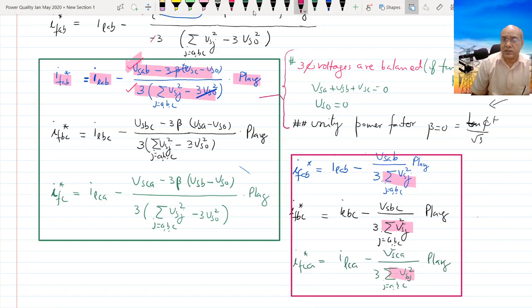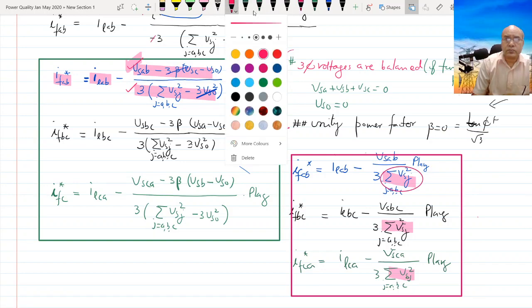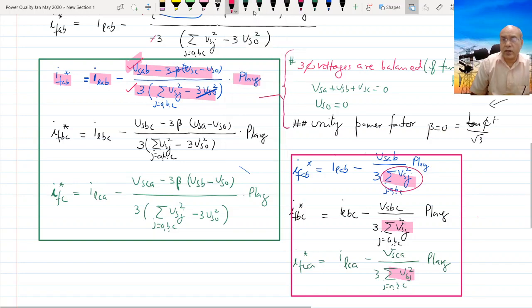We can prove that. So this term is equal to 3V square, and 3 is this, so 9V square.